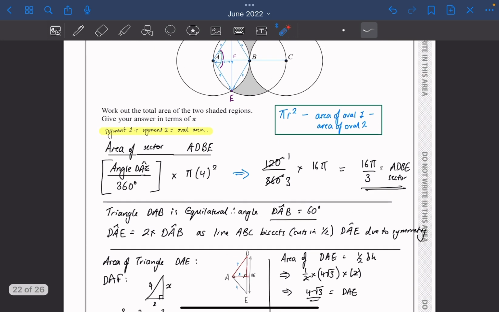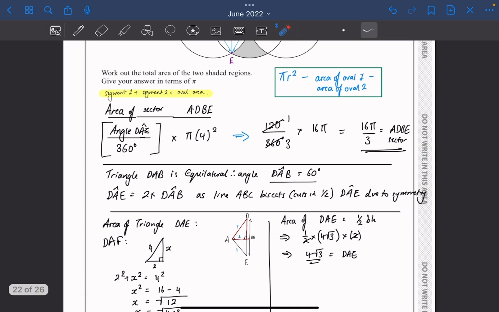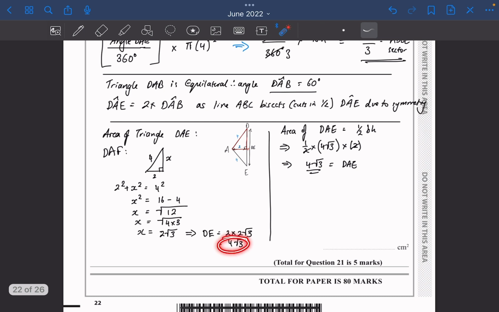Now, that height was this. And the area is actually this as well.